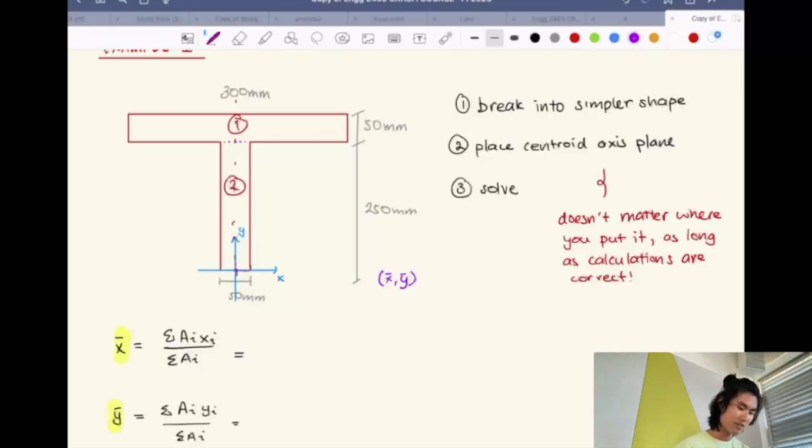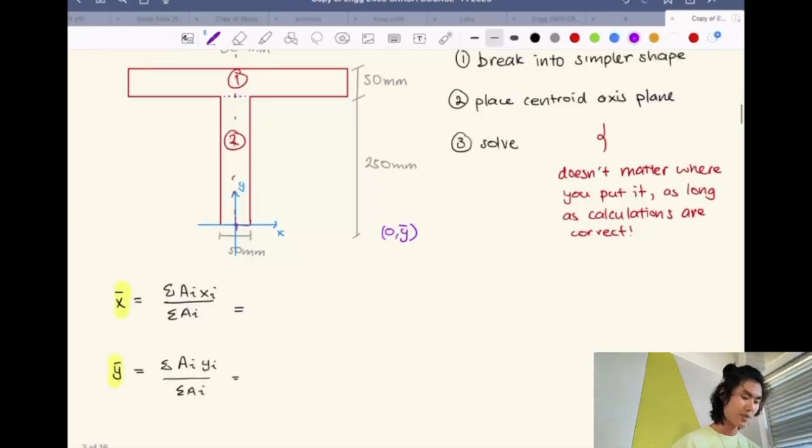So in reality, you're only going to have a y centroid. So where you put your centroidal axis is actually quite important. In some questions, they'll give you a centroidal axis, and you just have to work off it. You can't make it up, you have to use the one that they give you.